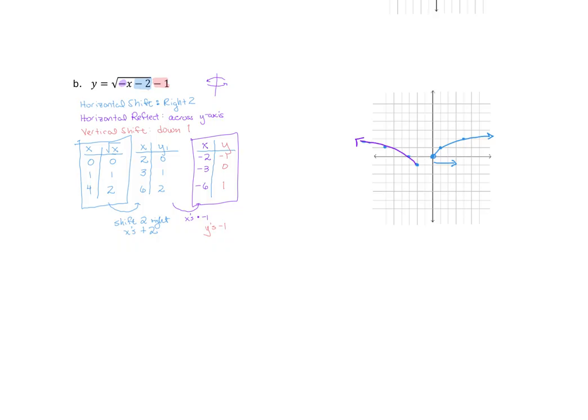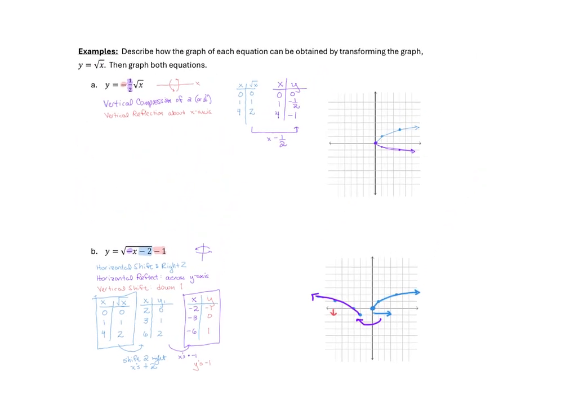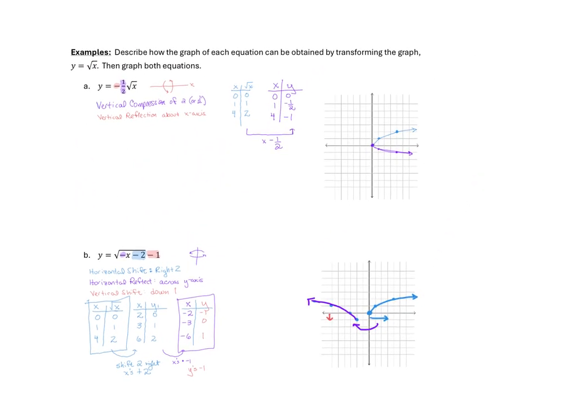I have then reflected them across the y-axis, and then I have shifted them all down 1. And that is how we get our new function. All right, that takes care of these two. Let's go ahead and play with a couple more.